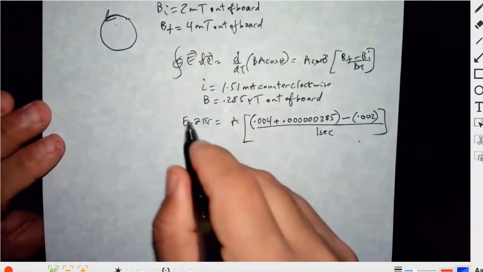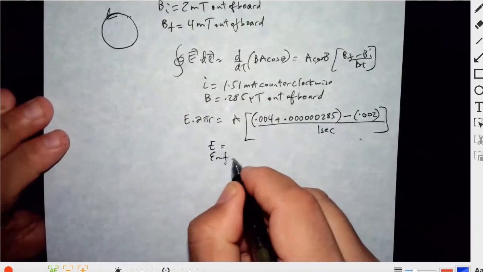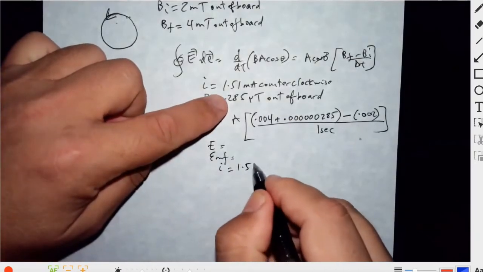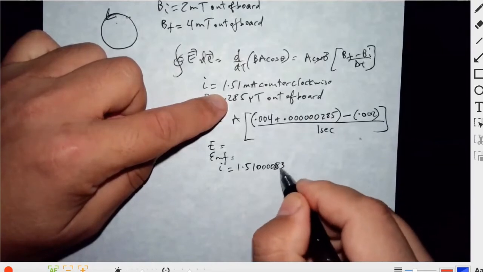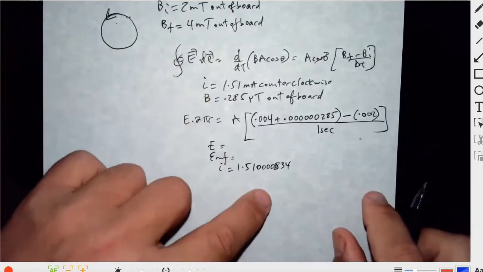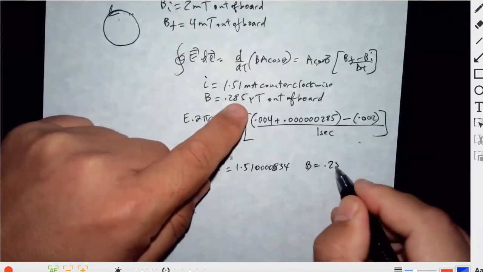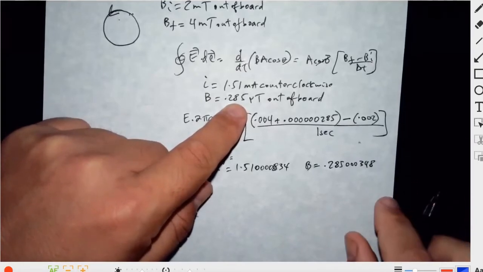Now there's going to be an E field, an EMF, and a current that's slightly bigger than this, 1.51000000, let's say 834 something. Then that current is going to create a B field slightly bigger than this, 0.285000348, let's say, out of the board.